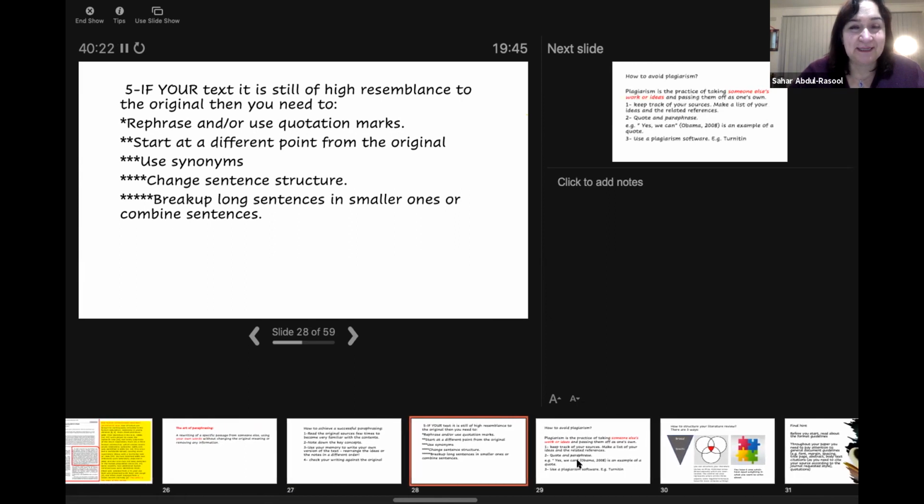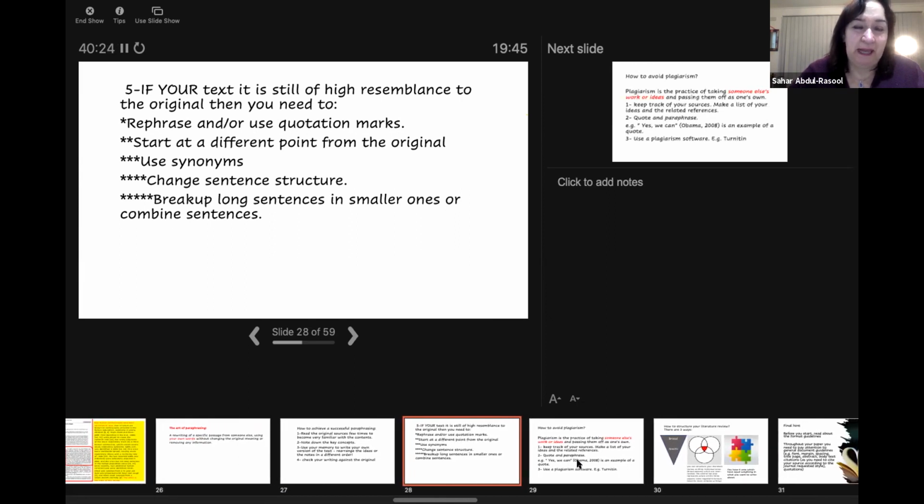If your text still carries a very high resemblance to the original, you need to rephrase or use quotation marks, like the first quotation mark that I used when I said "standing on the shoulders of giants," because that is something I didn't say, but somebody else did, and I copied it.